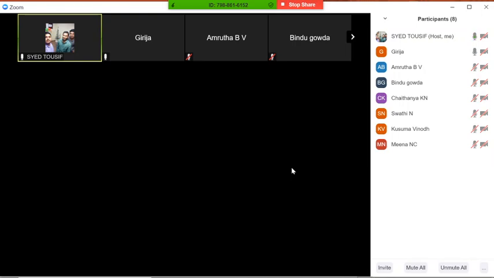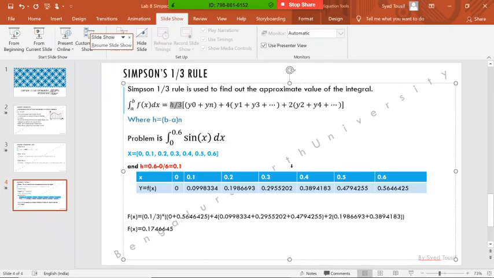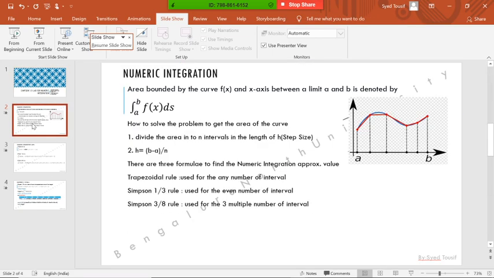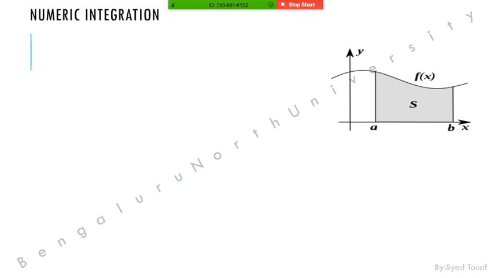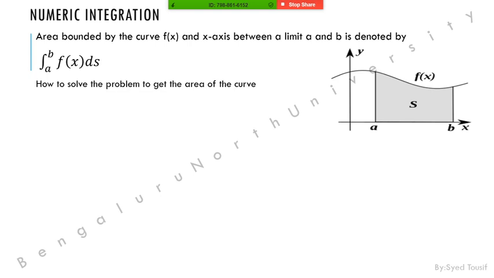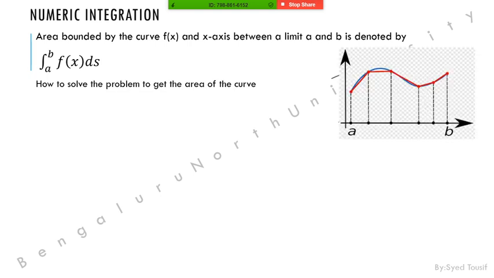This is the 8th program in Scilab. So today we have discussed integration, how we are going to work with integration. What is the use of numerical integration, how we are going to define it and how we are going to calculate the values.